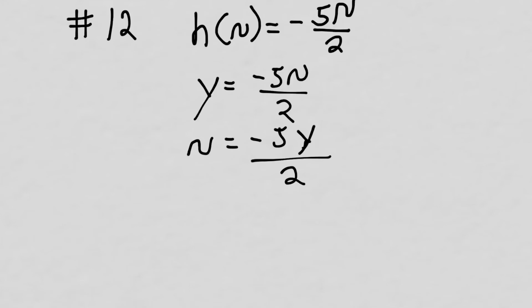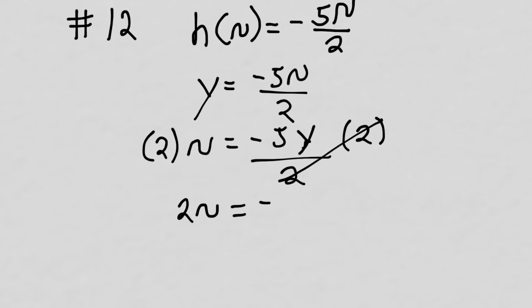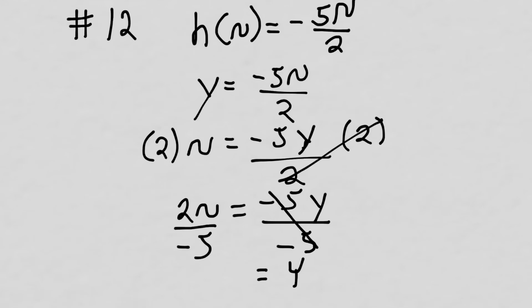Now, we're going to multiply both sides by 2. If we do that, we end up with 2n equals, 2's cancel out, -5y. To solve for y, we divide both sides by -5. 5's cancel out. We're left with y equals, and when you've got a minus sign like this, it doesn't matter where it ends up.